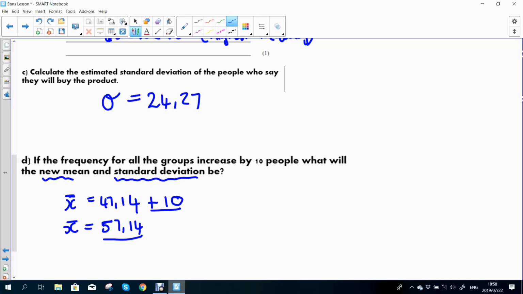Then, the other thing that we need to talk about is the standard deviation. Now, your standard deviation at the moment is 24,27. Now, if all the groups increase by 10, we need to understand what standard deviation gives us to actually answer this question. So, what does it give?